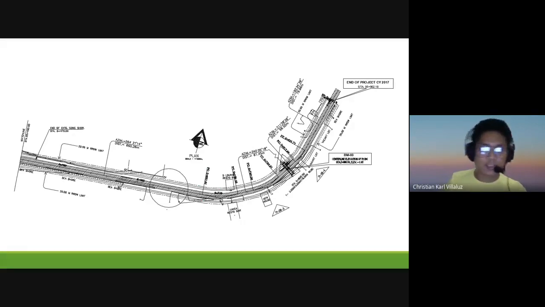So in this plan, we have 3 horizontal curves here. First, here, because here is the point of intersection. There's another point of intersection here, so there is another horizontal curve here.